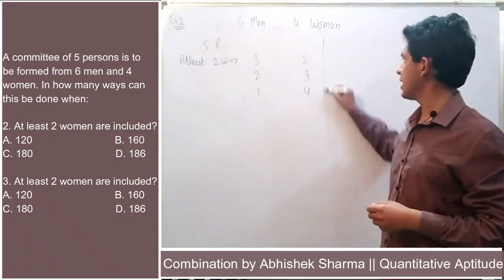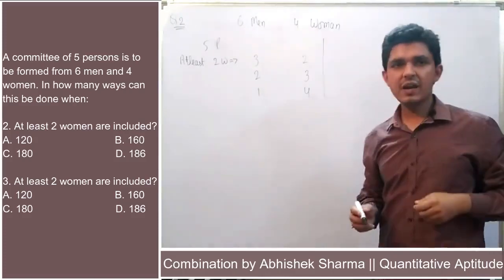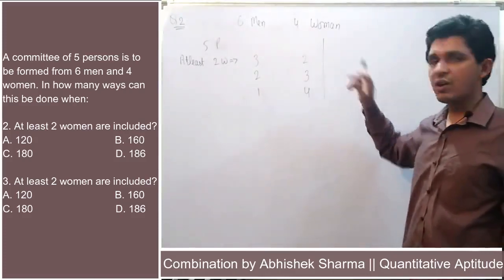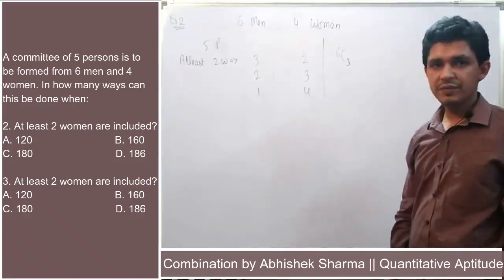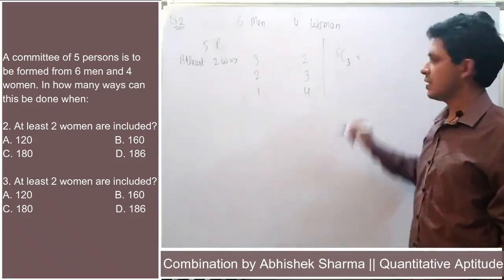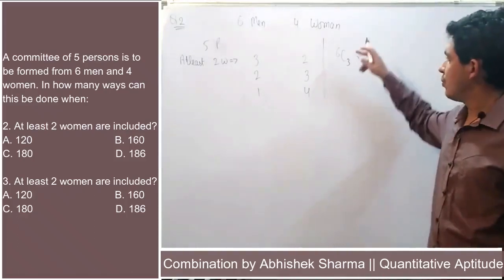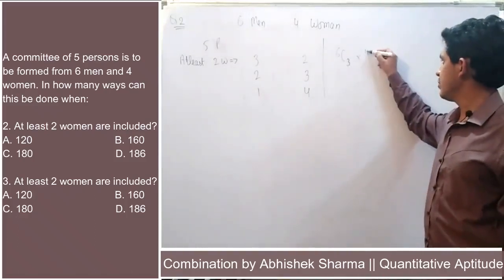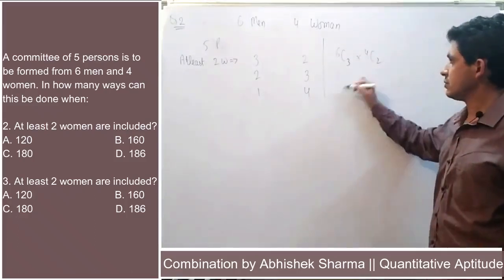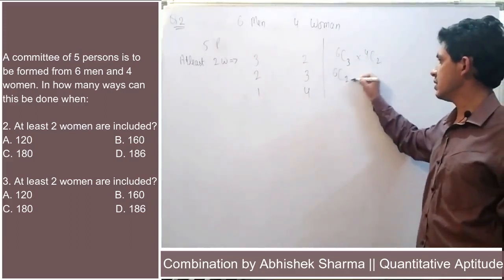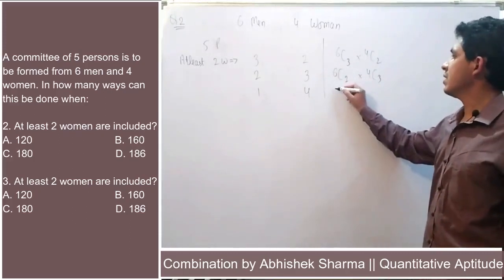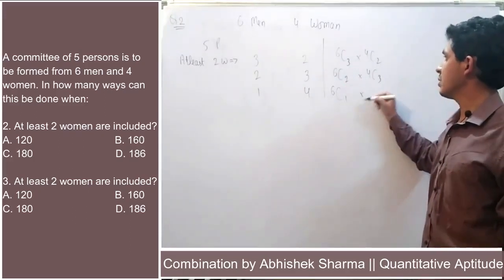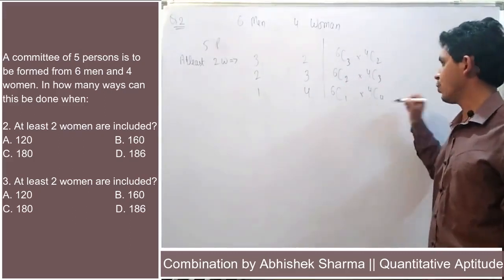In the first part I am selecting 3 men out of 6, that is 6C3, multiplied by 2 women out of 4, that means 4C2, and 6C2 multiplied by 4C3, thereafter 6C1 multiplied by 4C4.